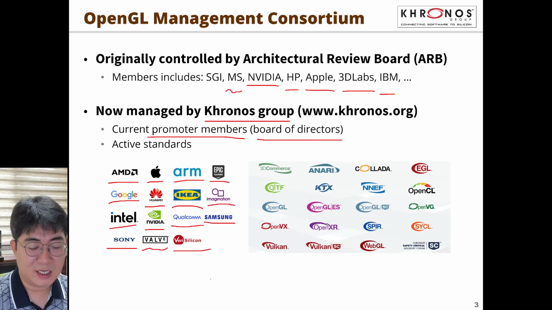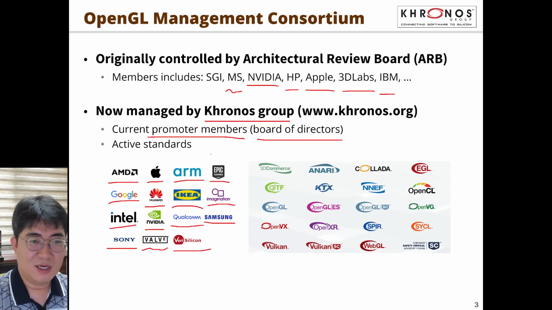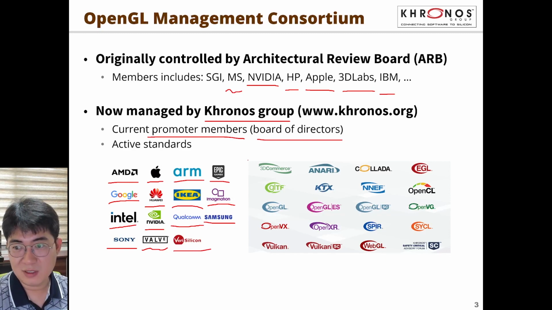And Silicon, actually I have no idea what the company is. So they are the current promoter members, and here's more on the active standards. At present there are 20 standards, including OpenGL.